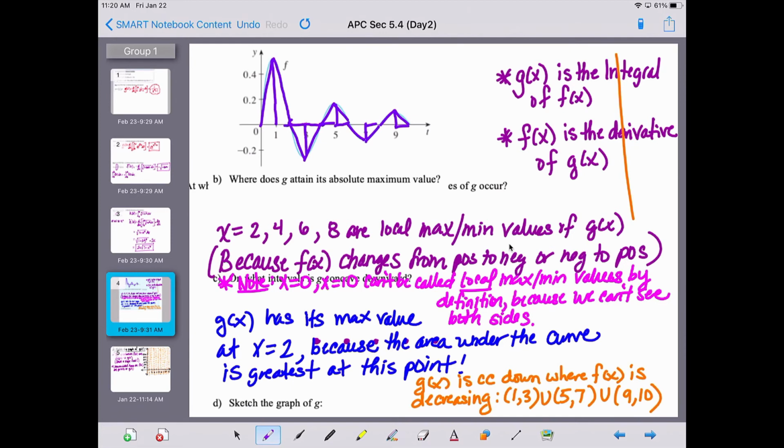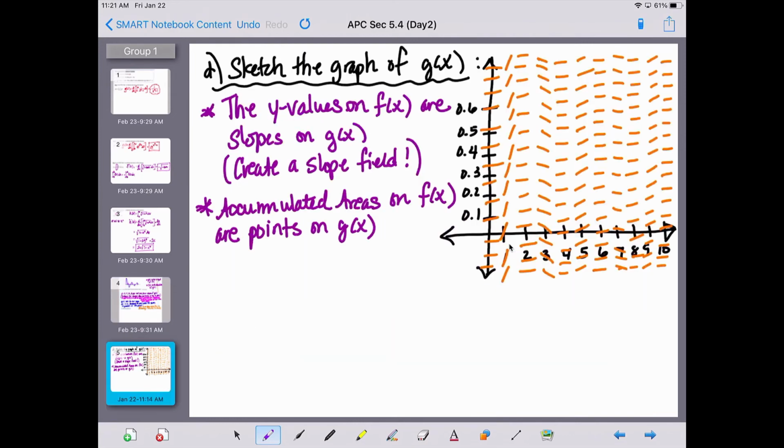And remember that the area of a triangle is 1/2 times the base times the height. So when I'm looking at the cumulative area from 0 to 1, my base is 1, my height is 0.6, so 1 times 0.6 times 1/2 would be 0.3. So I'm just going to write these down first. Obviously, g of 0 is 0.